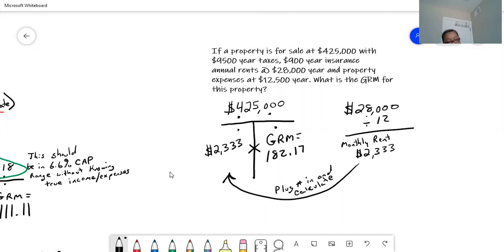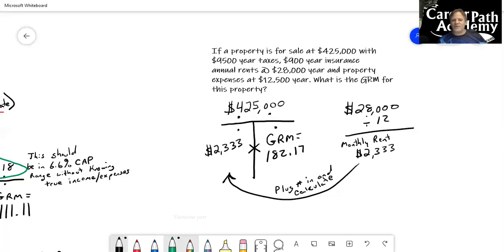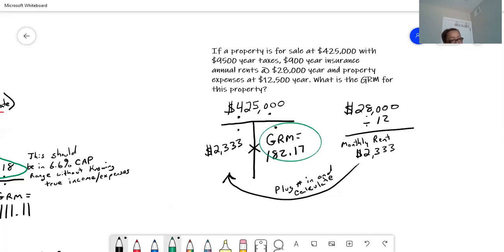There you go. That was pretty easy, wasn't it? It is when you know the formula. Let's see if you remember the formula. So that's the answer.